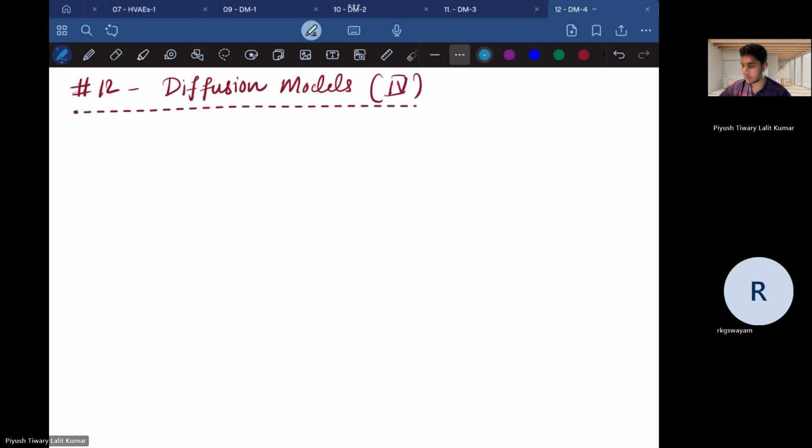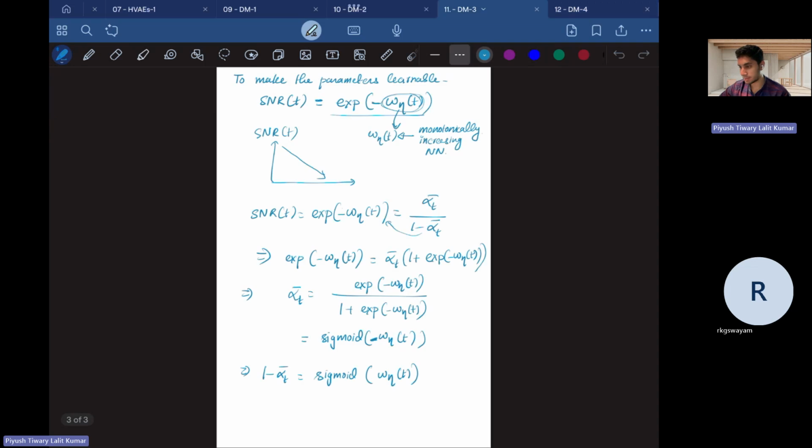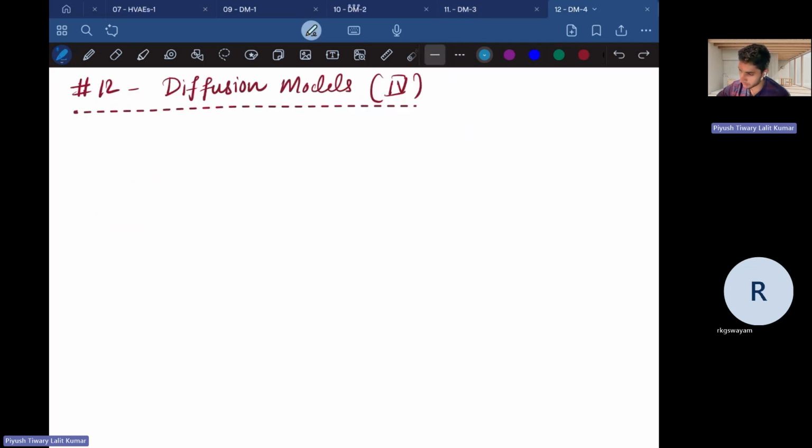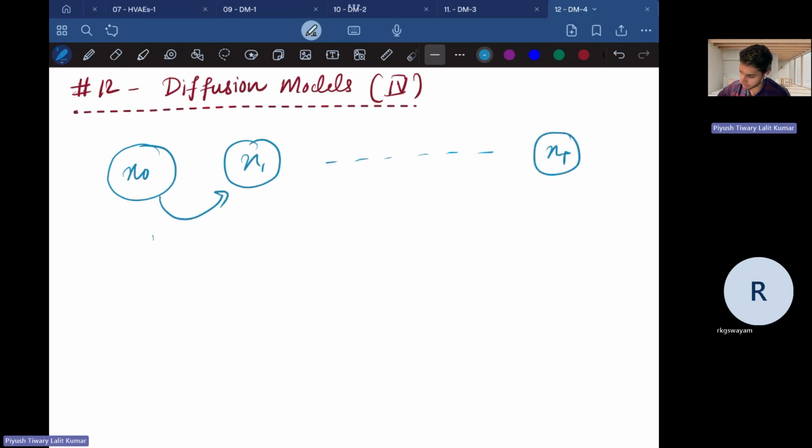Okay. So till now, what have we seen? The things are quite simple. We haven't actually complicated things. The underlying thing at least is the same, right? So you have x naught, x1, and so on till x capital T. There is a transition kernel q of x1 given x naught, and in general, there is q of xt given xt minus 1.